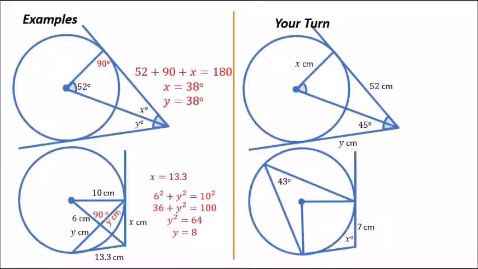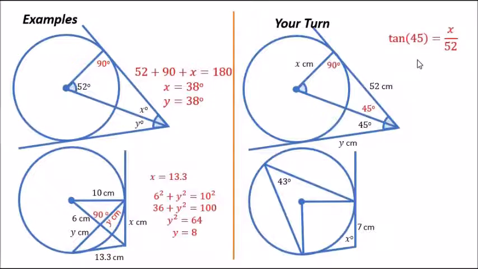Now you've had a chance to have a go, let's go through it. So in this question, the angle there is 90 degrees because that's where a radius and a tangent meet. Then we have 45 degrees down there because these two angles are the same because that line bisects the angle. So if that's 90, that's 45.